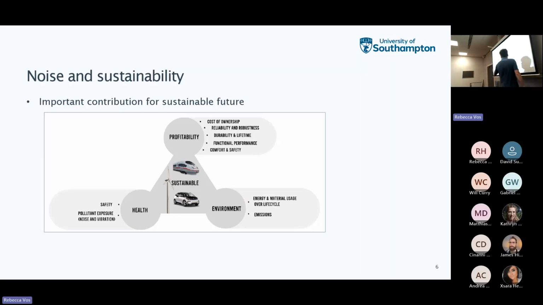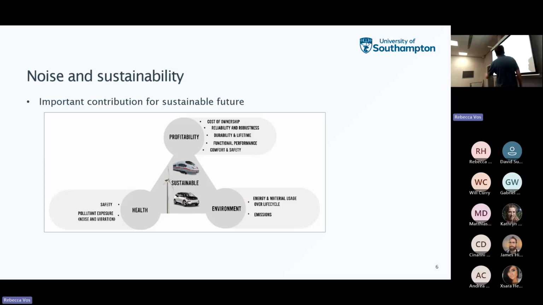So if you want to drive, for example, in a train, you want it to be hopefully not so noisy, so that people that are living around the train rails don't suffer a lot from it, and also the people that are inside the trains, obviously. Then we have environmental impacts, so like how much energy does the machine or vehicle use while it's running, but also material usage and emissions.